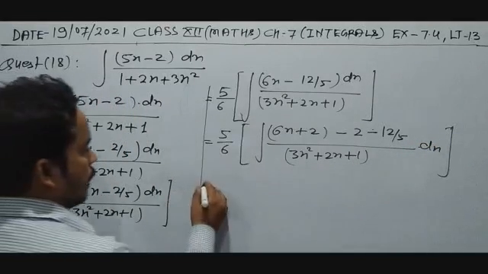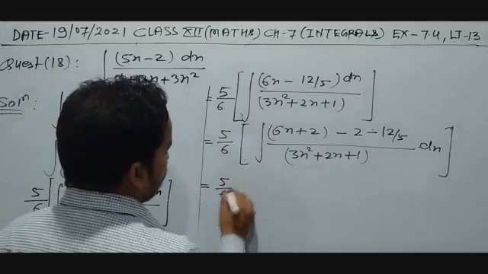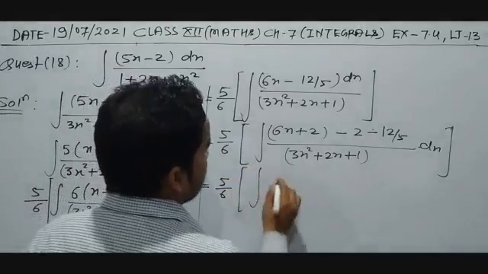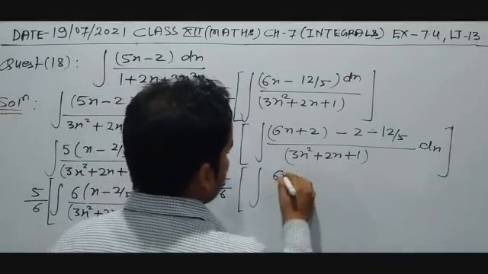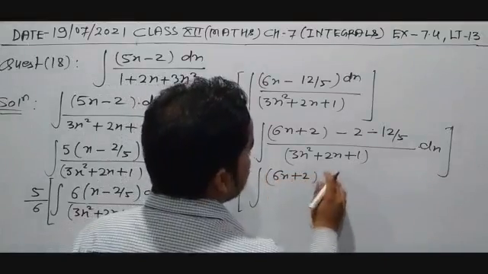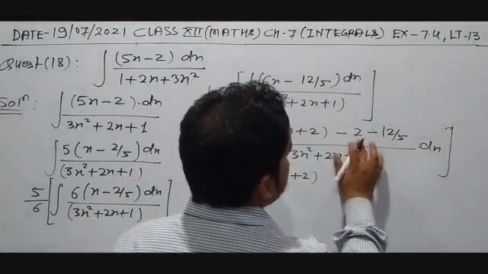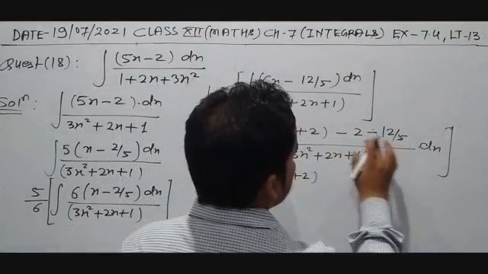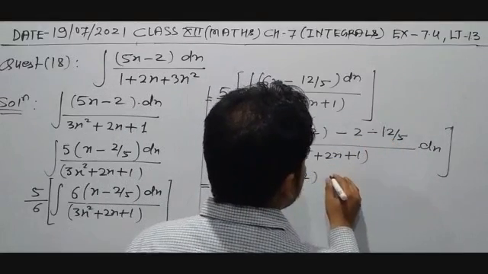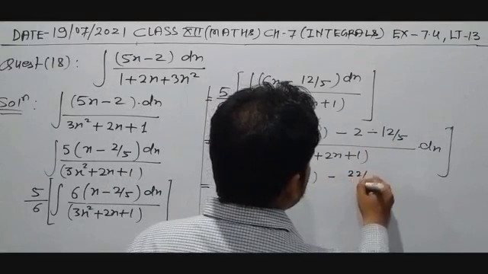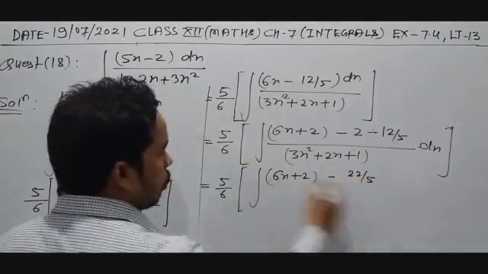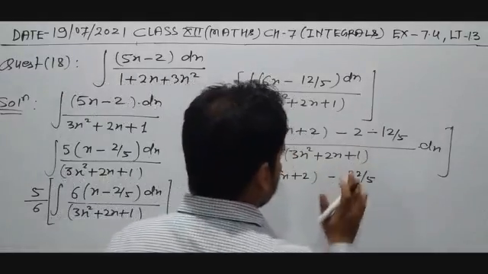So in the next step, 5 by 6 integration of 6x plus 2, and now the result will be: 5 twos are 10, 10 and 12 is 22, minus 22 by 5 whole upon 3x square plus 2x plus 1.